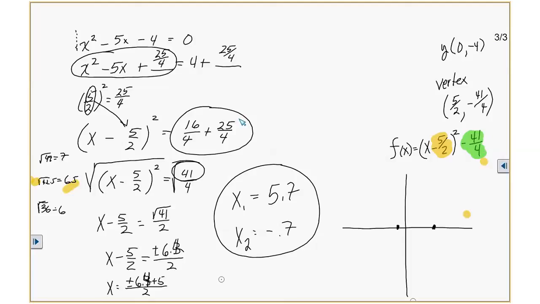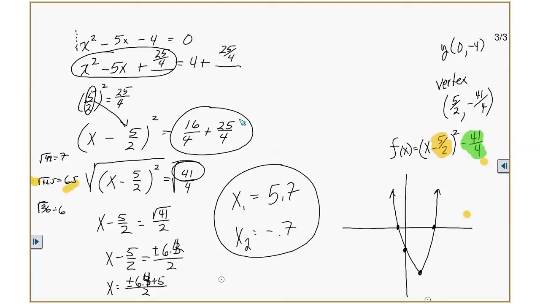Okay? So, 0, negative 4 right here, and the vertex is what? 5/2, which is 2.5, and 16, or what is it, 10 and 1, 10 and 4, which is down here. Like I said, the drawing will tell you if something's wrong.